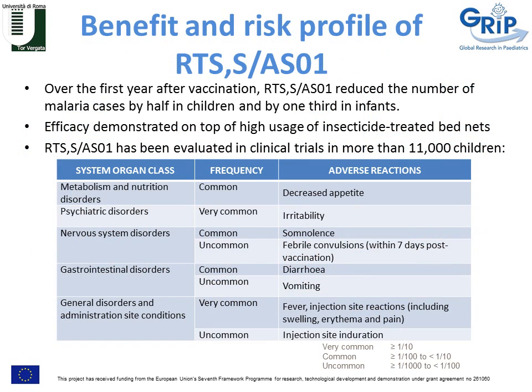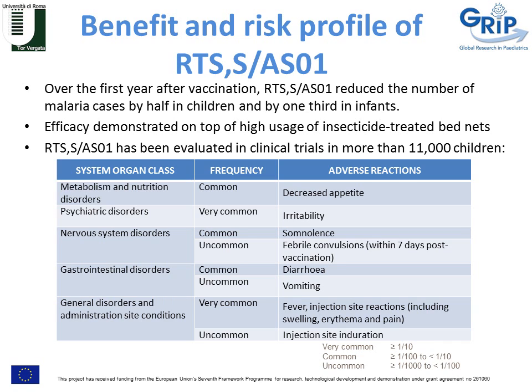Over the first year of the clinical trial, RTS,S reduced the number of malaria cases by half in children and by a third in infants. Vaccine efficacy was highest shortly after vaccination, but could be enhanced by a fourth dose.